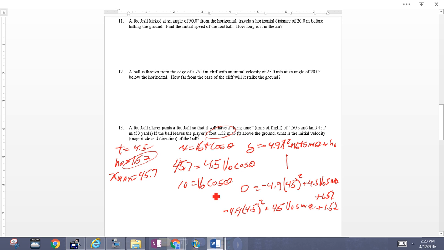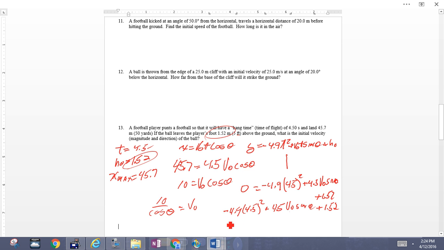If I come over here, it looks like I can solve for V0 and say that V0 is 10 divided by the cosine of theta. If I plug that in over here, I will have the sine and the cosine giving me a tangent problem, and that will be the only unknown now, the angle in terms of tangent.